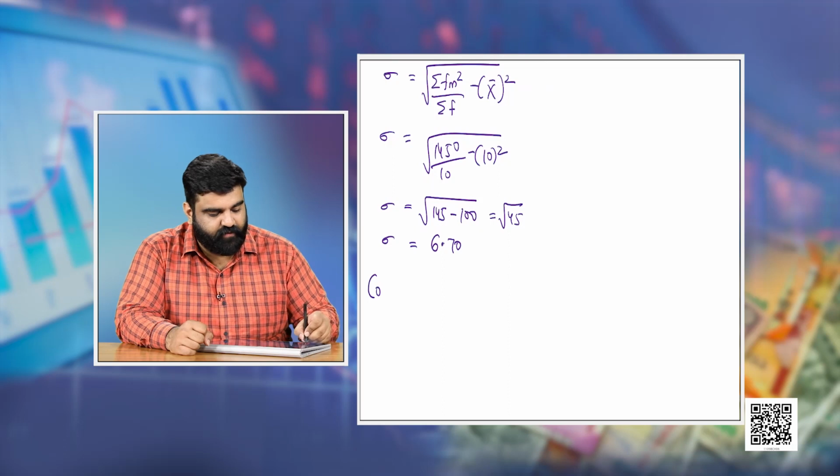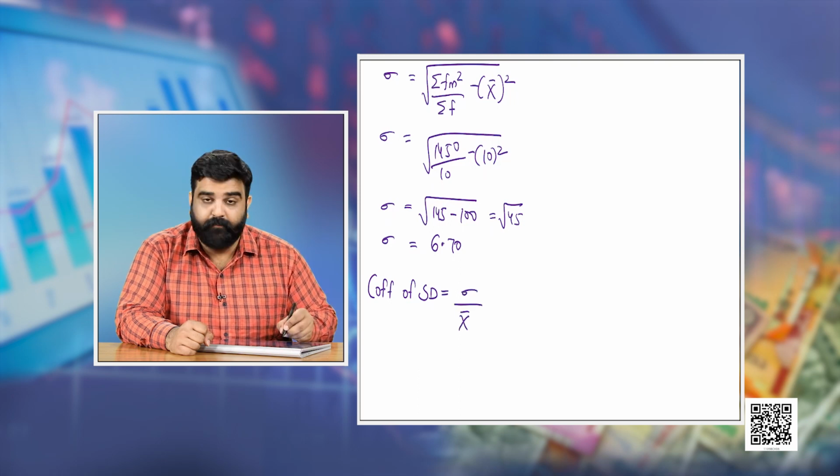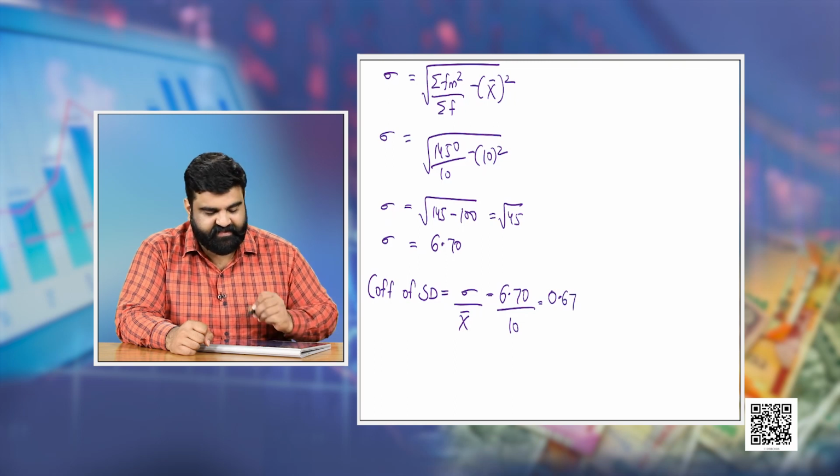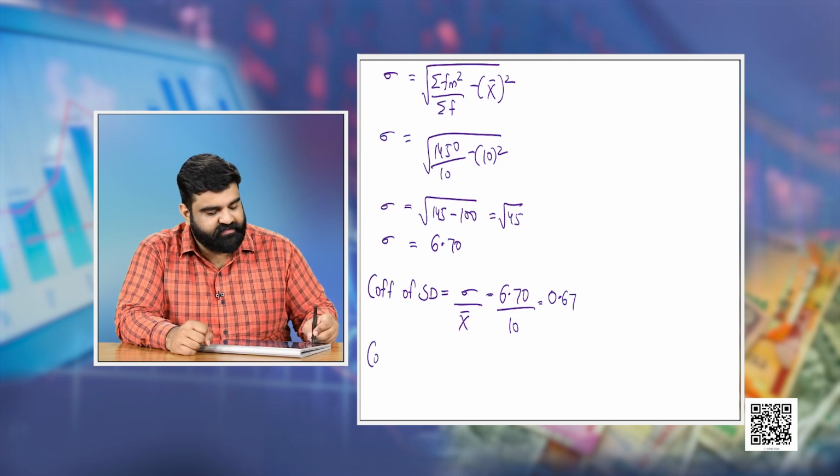Let us also calculate the coefficient of standard deviation. The formula for this is standard deviation upon mean. So, we have 6.70 as the standard deviation, we have the mean as 10, and this will give me the answer as 0.67. Now, let us also calculate the coefficient of variation.